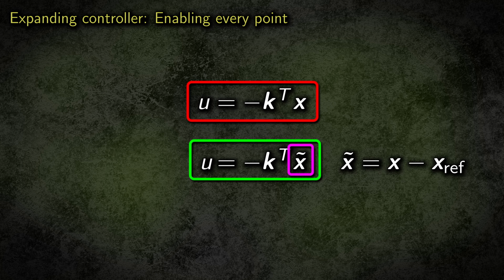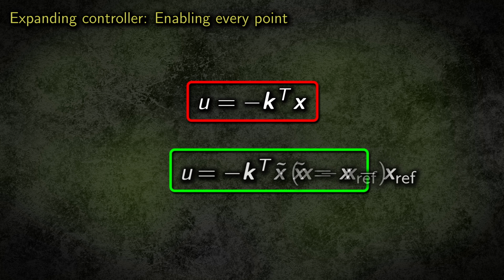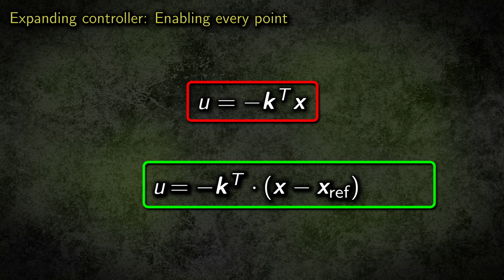This is the error between our state and the reference point. The reference is the actual goal point. So let's just put that in. We need one more thing, that is U reference. In our system, this is the constant force needed to hold the system in the goal point. Depending what kind of system you have, you might not need it, but this is the full equation.